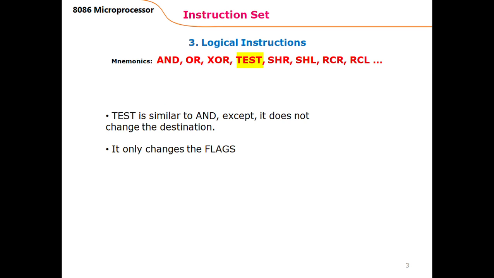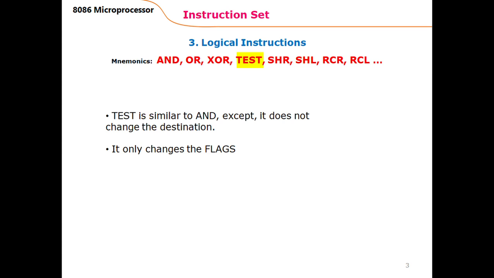Among logical instructions, there are a number of instructions, for example, AND, OR, exclusive OR, test, shift, and rotate instructions. But the focus of this lecture is on test, shift, and rotate instructions. The test instruction is similar to the AND instruction in operation, but the main difference is that the AND instruction performs a logical AND operation on two numbers or two sequences of bits, and the result is stored in a destination.